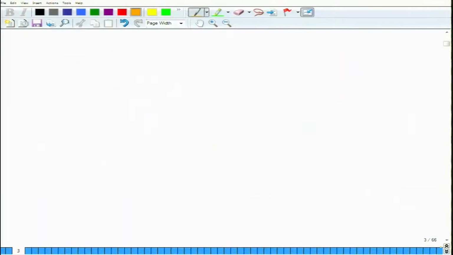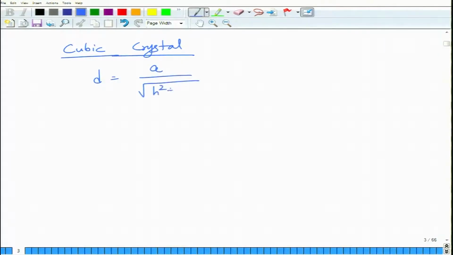So, this is a typical Bragg's law essentially, and you can see now for crystals we have, let us say, a cubic crystal. So, for a cubic crystal, d will be equal to a divided by root of h square plus k square plus l square, all right.